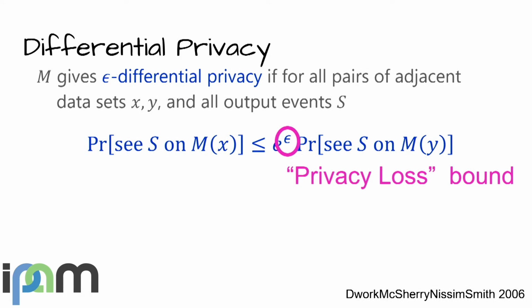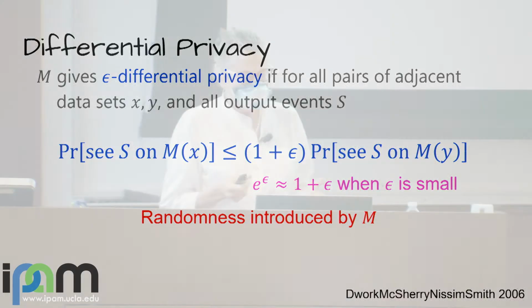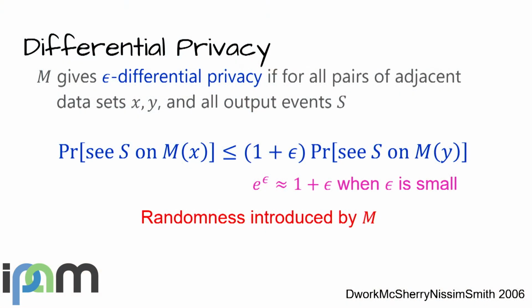And as I mentioned, the randomness is introduced by the algorithm. That's where the probabilities are coming from. Now, e to the epsilon, when epsilon is small, is approximately 1 plus epsilon. So what this says is that these probabilities are very close. When epsilon is small, 1 plus epsilon is close to 1. These are very close.